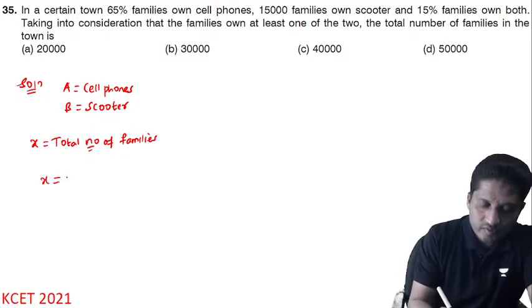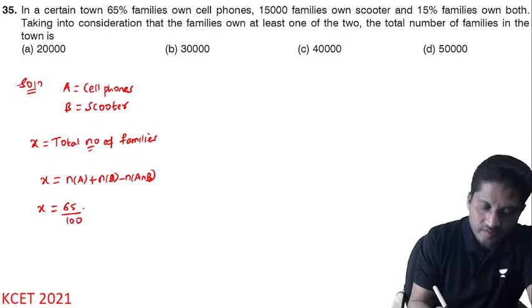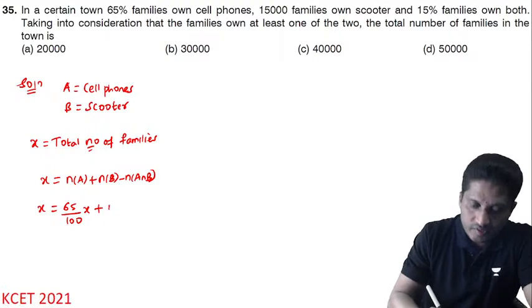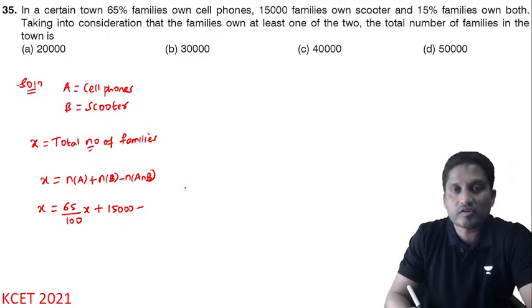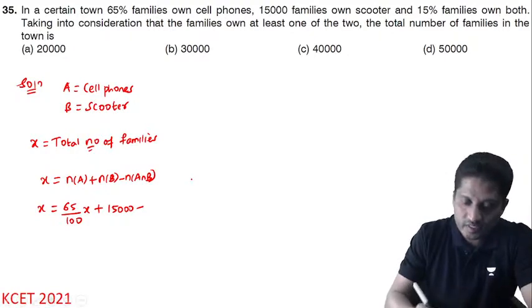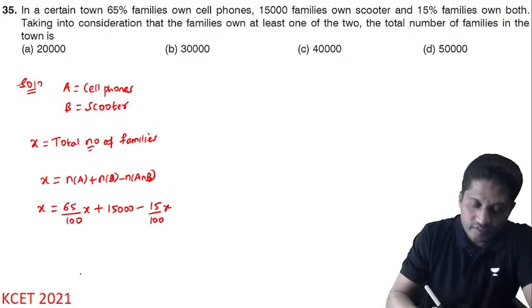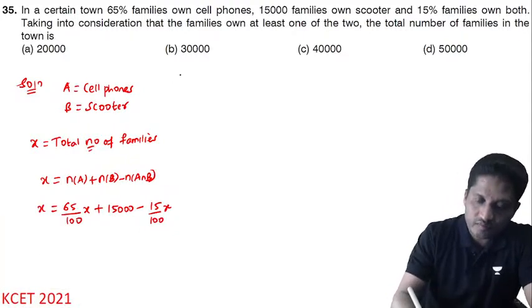X is equal to n of A plus n of B minus n of A intersection B. Now X is equal to n of A, that is 65%, 65 by 100 of X, plus n of B, scooter is 15,000, sorry, minus n of A intersection 15%, that is 15 by 100 of X. Here if I simplify, I get the value of X. That's what I'm supposed to find out.